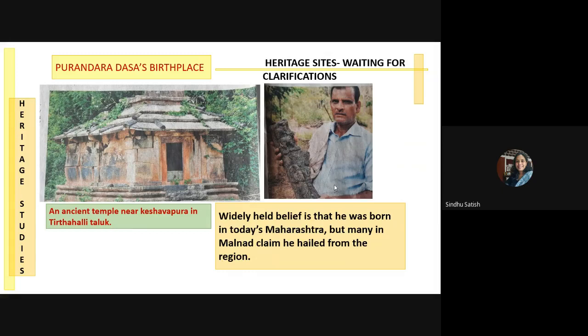But there are a lot of other evidences. According to the historians, Araga in Malnad was a buzzing commercial center during Vijayanagara rule, the same period when Purandara Dasa lived. So, referring to the places around Keshavapura, it was also the place where the merchant community belonged.